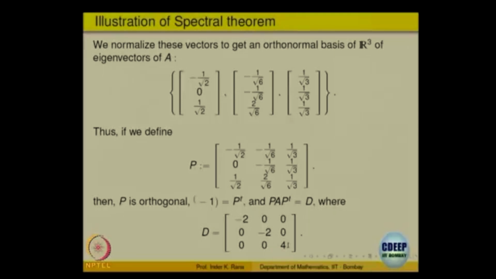So diagonalizability of a real symmetric matrix means first find the eigenvalues. You will be able to find as many as the order, unlike an ordinary real matrix, which may not have any eigenvalue at all. But for a real symmetric matrix you will be able to factorize and you will get n eigenvalues. Some of them may be repeated, but each will have algebraic multiplicity equal to geometric multiplicity.